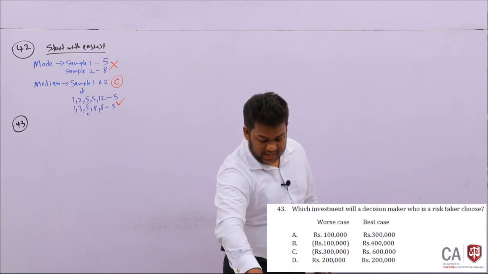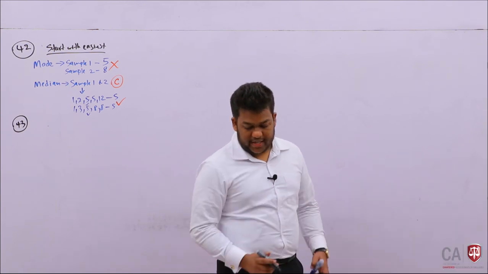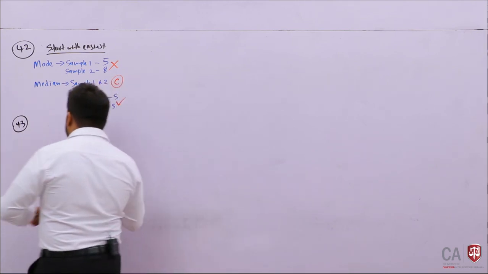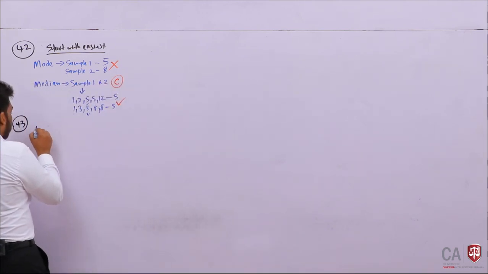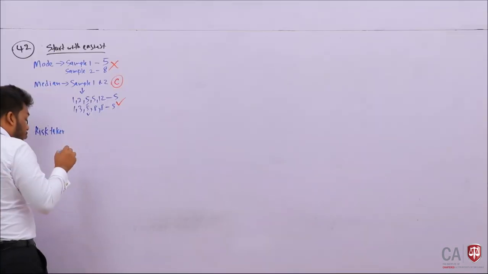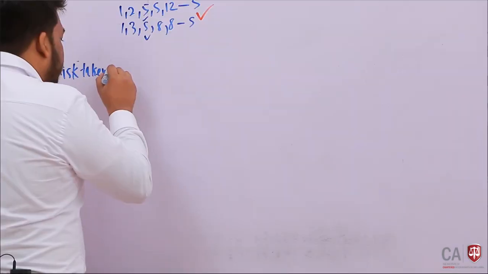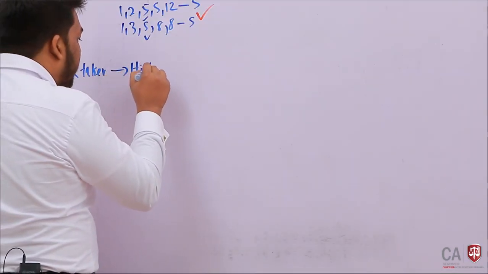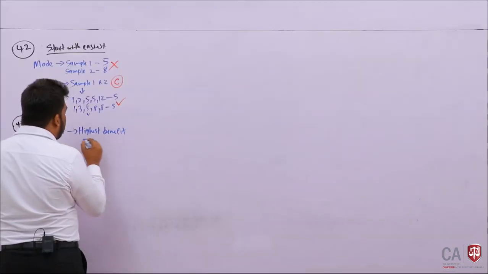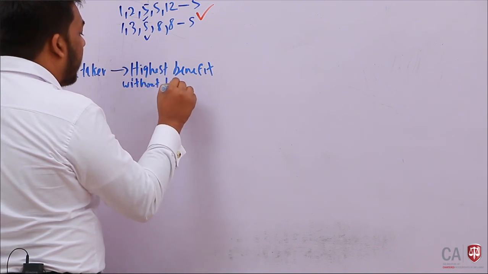Which investment will a decision maker who is a risk taker choose? Who is a risk taker? Risk taker, you are always going for the risk. You will only look at the benefit. Right? Risk taker will go for the highest benefit without looking at the risk.